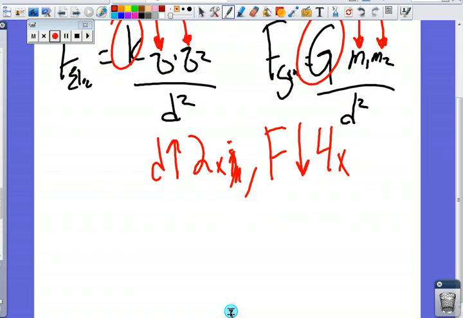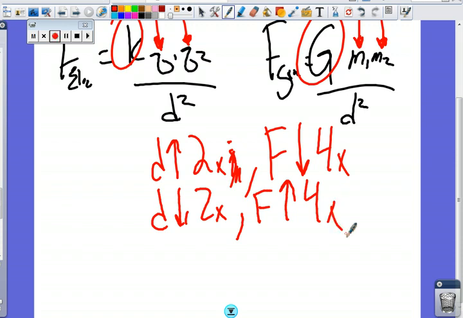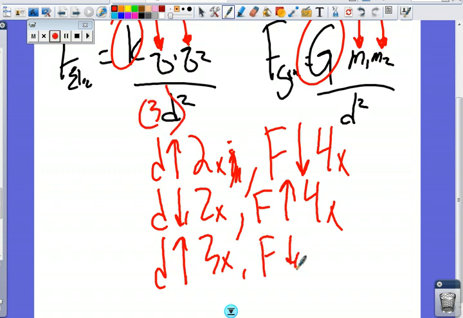If D goes down two times, your force goes up four times. So what would happen if the distance went up three times? Well, if your distance goes up three times, you now have 3D squared. Your force is going to go down nine times.